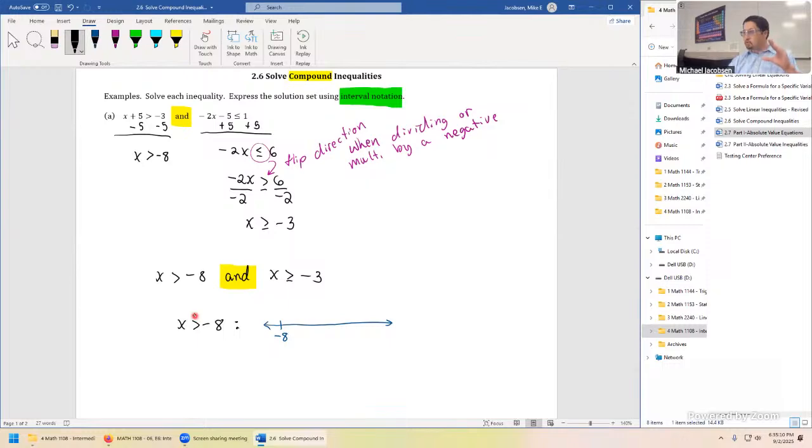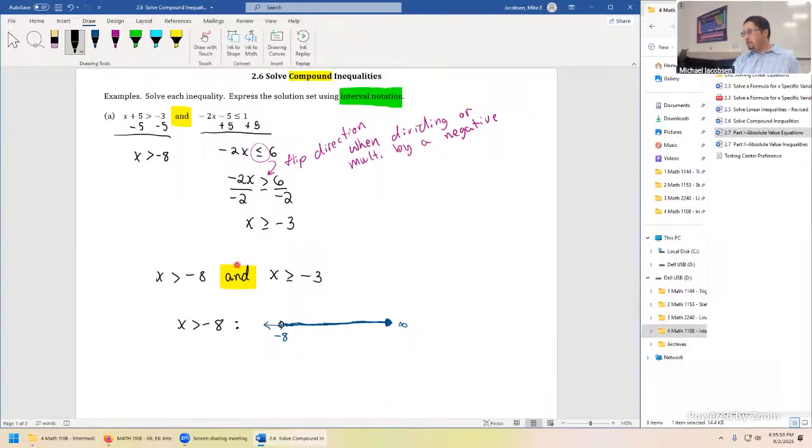A strictly greater than, at this point in the wrong direction, going this way, means an open circle here. And then we shade to the right, which means I just sort of scribble for a moment while you all watch. It's probably easier to do this with a real pen or pencil. So that was the first condition.